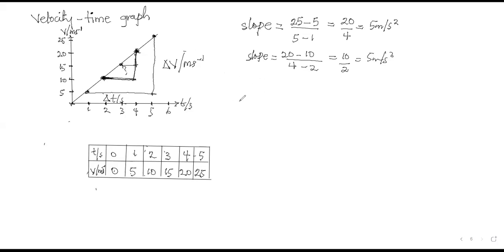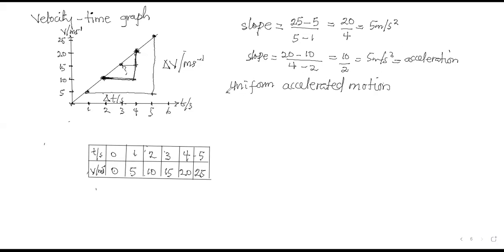Because the slope is equal to the acceleration of the body, the slope is equal to acceleration. Look at the unit, meter per second squared. We term this as uniform accelerated motion.